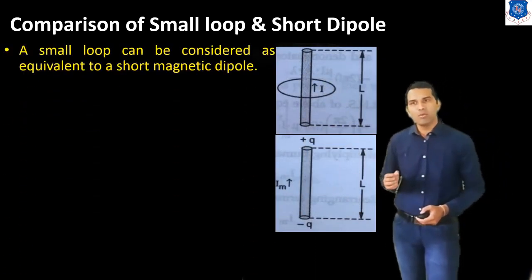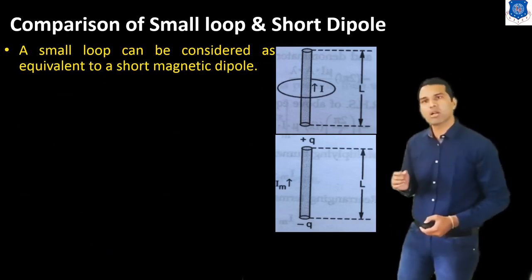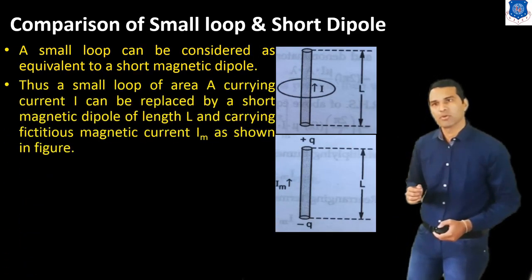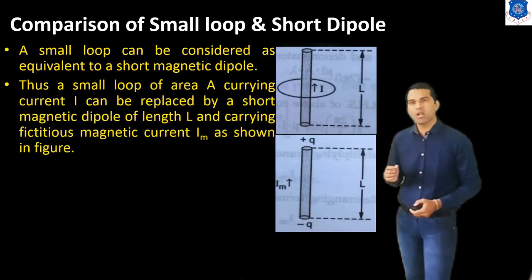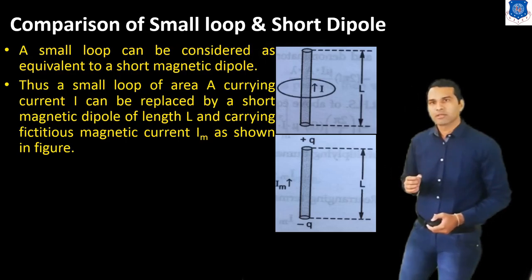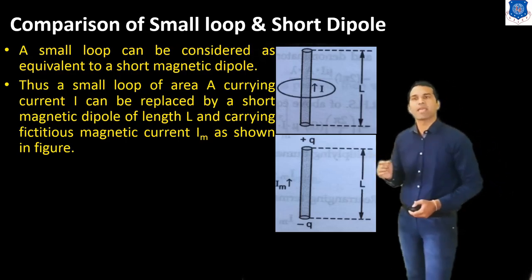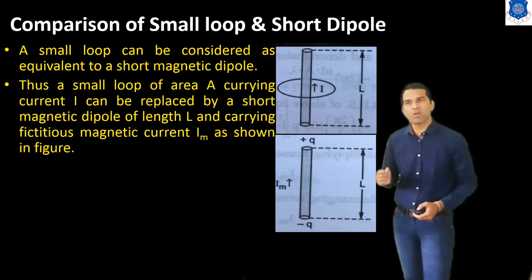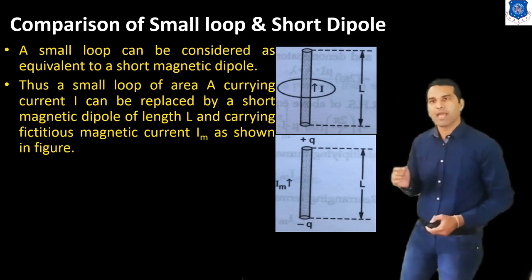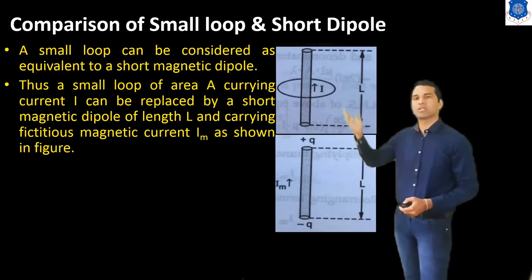A small loop can be considered as equivalent to a short magnetic dipole. Thus, a small loop of area A carrying current I can be replaced by a short magnetic dipole of length L carrying magnetic current Im, as shown in the figure.